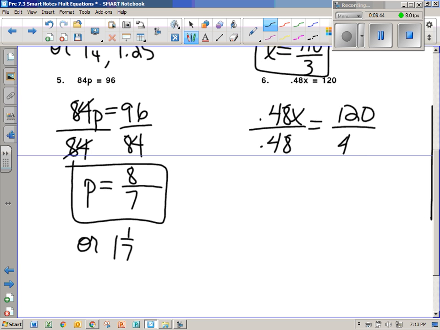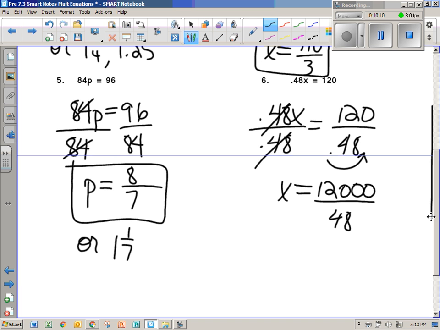So I'm dividing both sides by 0.48. They divide out. You don't actually have to mark them out. It's just a habit, really. And on the other side, remember the 0.48 has got to become a 48. So 120, the decimal goes 2 places, so that would give me 12,000.